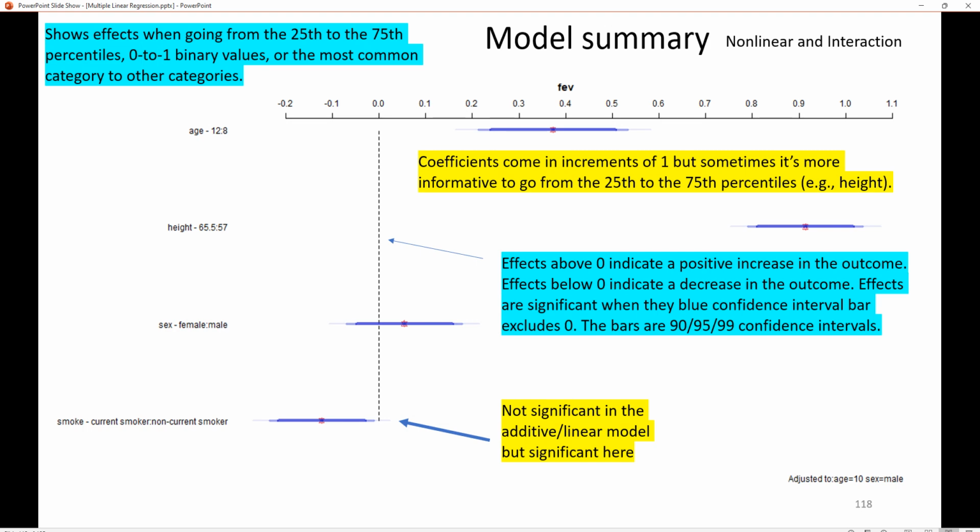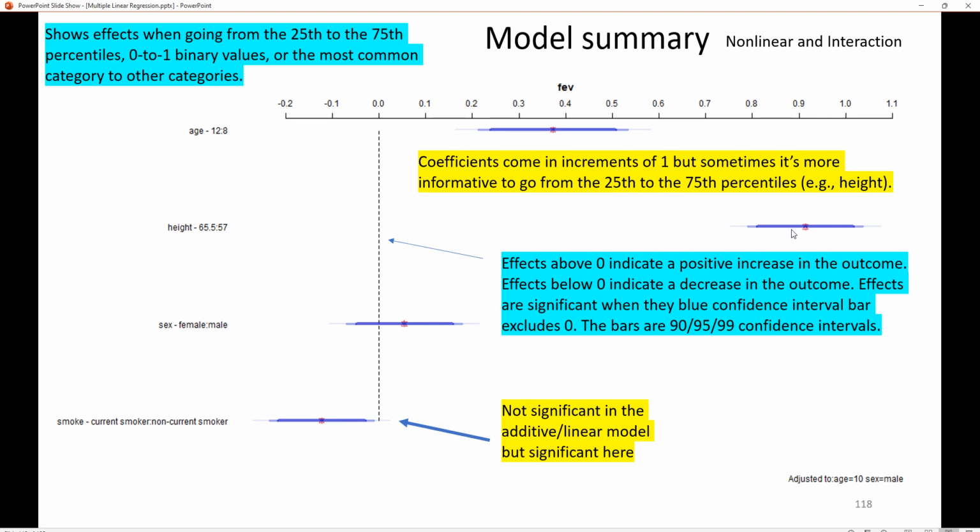We're really talking about patients that are in their teens that smoke. And so when we look at age, we see that vertical dashed line does not fall within that confidence interval for age. So we definitely see that as our patients get older, their FEV, or the amount of air that they exhale, gets higher. The same with height.